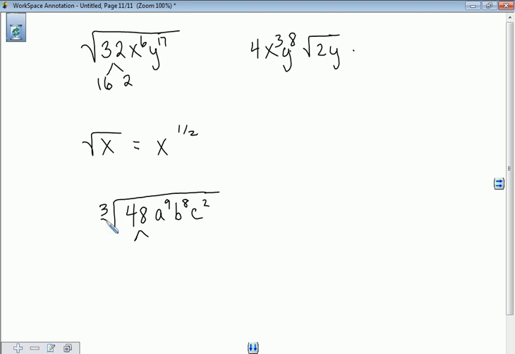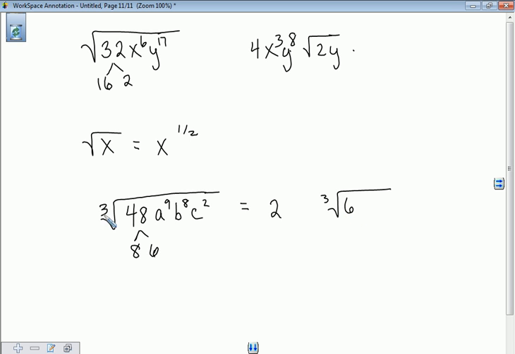I need a perfect cube. We reviewed our perfect cubes. 8 is a perfect cube. So when I'm simplifying this, what is the cubed root of 8? 2. Some of you did not study enough over the weekend. 6 is not a perfect cube, so it stays under.